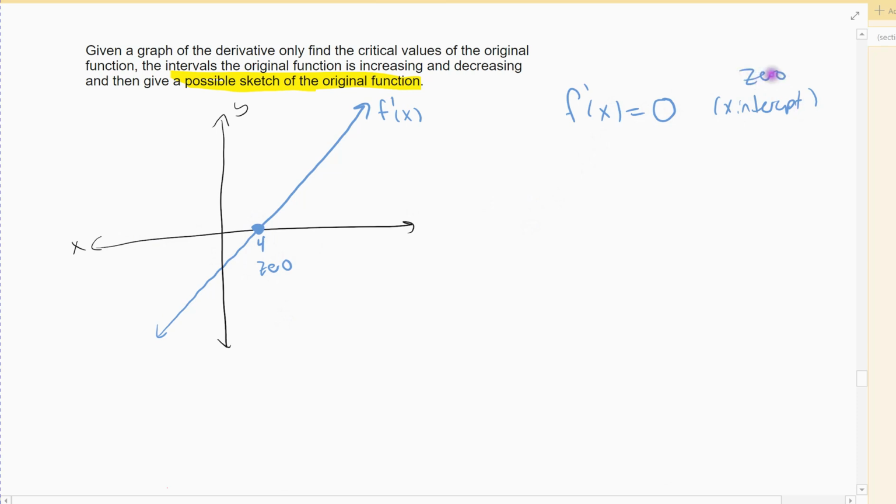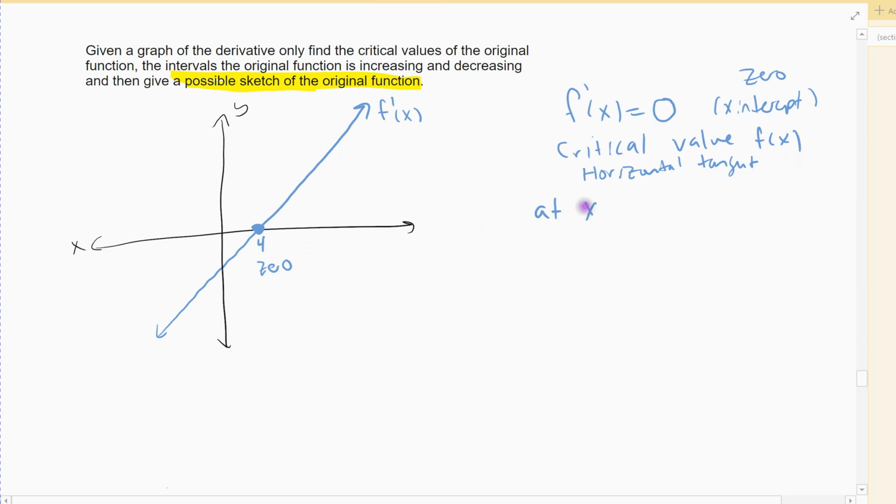That is where we have a critical value on the original. I don't have the original, but it would reflect as a critical value, and not only that, a critical value where I have a horizontal tangent to my original function.